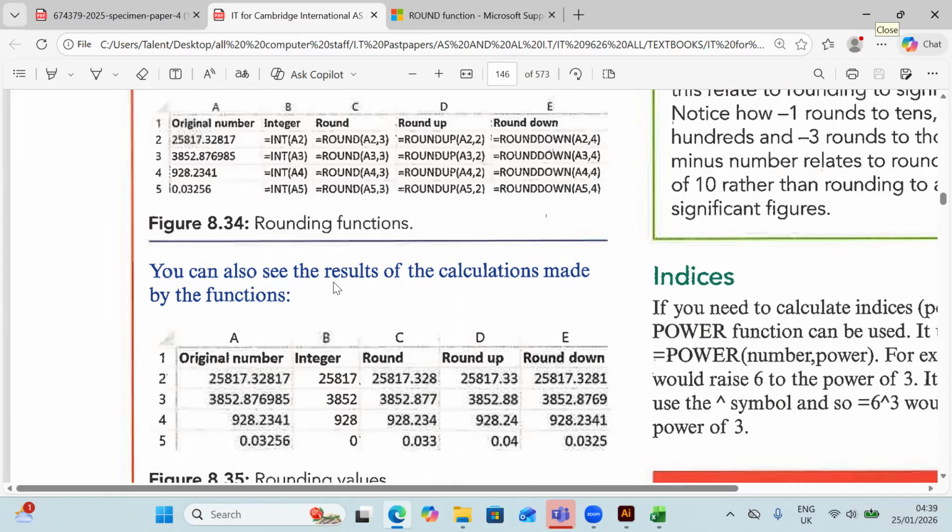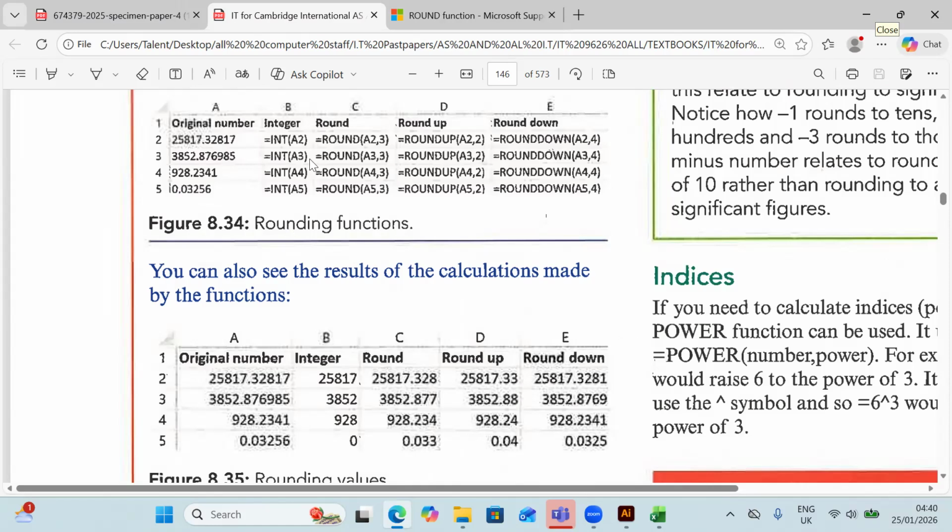We end there. For this one, we want 928. We end there because we don't want anything to do with the comma and values after. And here, it's 0 point, so we don't want anything after 0. Our answer is going to be 0. So that's for our integer function.